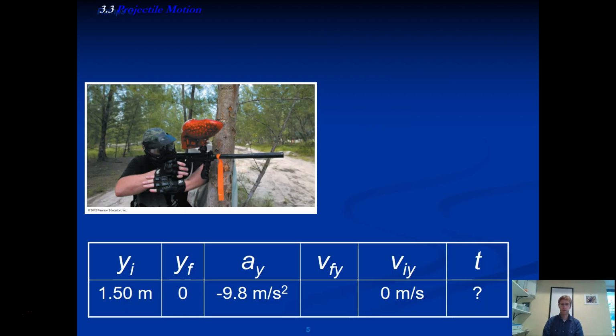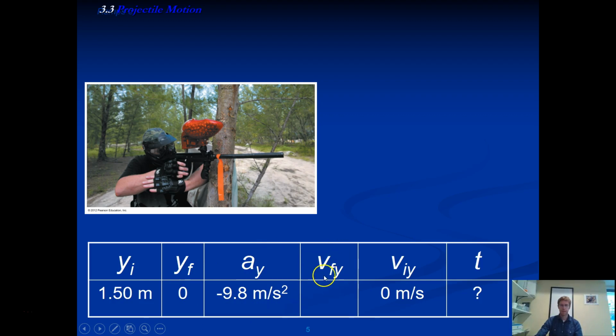All right, so the first thing we need to do with these types of questions is figure out which of those variables we know. So look, this is all of our variables from the two equations. We're starting from initial y height of 1.5 meters off the ground, and it's going to end at a height of 0 meters off the ground because it's hitting the ground. The acceleration we know is gravity, but down, so negative 9.8.